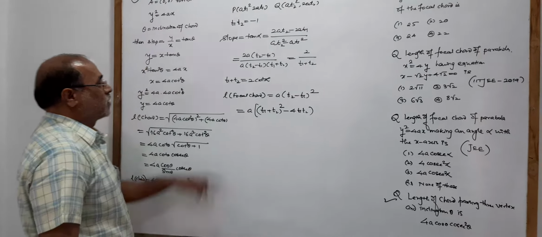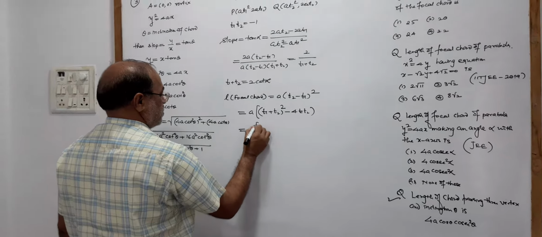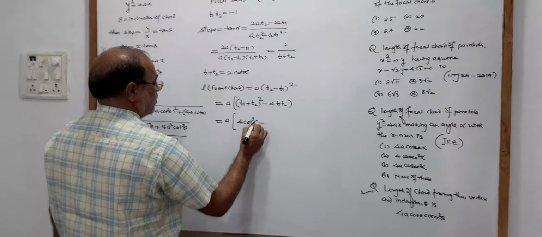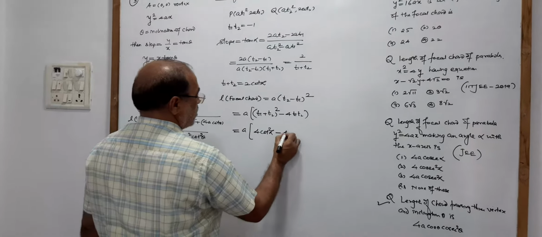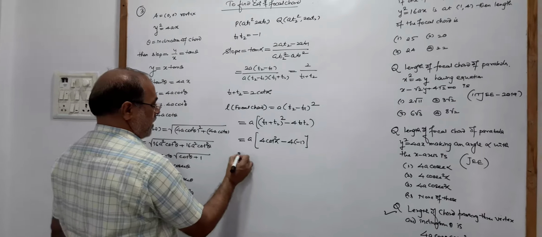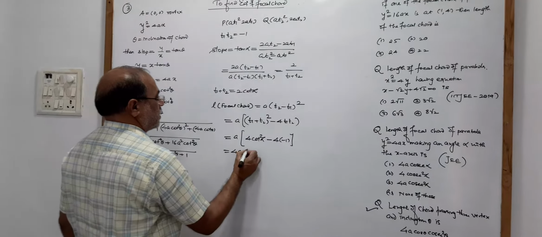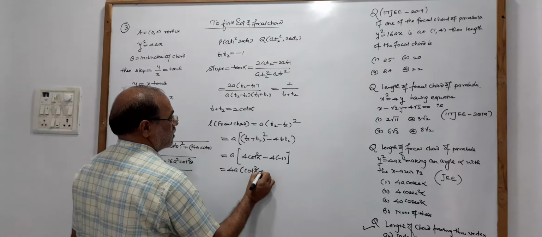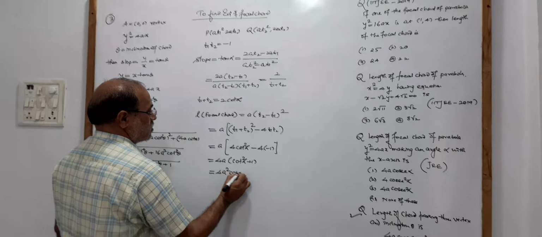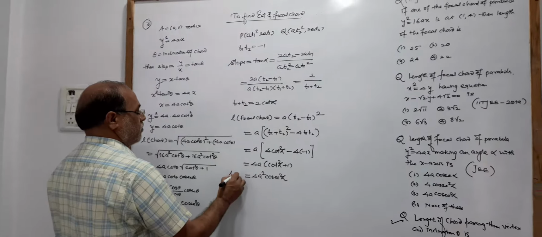The t1 plus t2 value we have, so it is 4 cot square alpha minus 4 into the t1 t2 value that you know. If I take 4a common, remaining is cot square alpha plus 1. It becomes simply 4a cosec square alpha. This is the length of the chord.